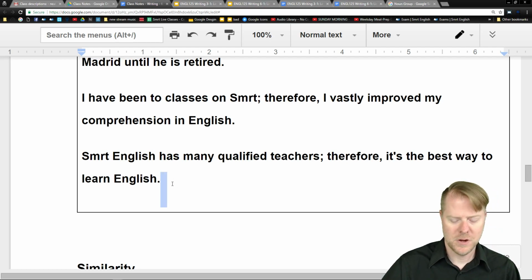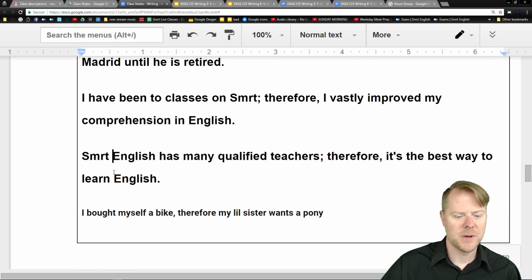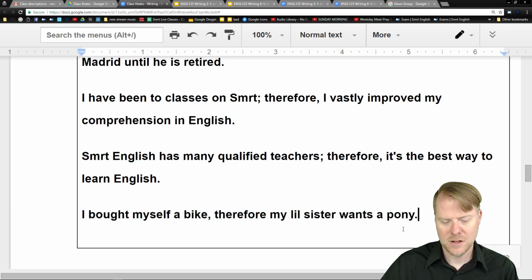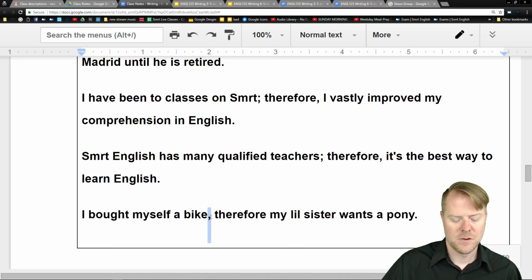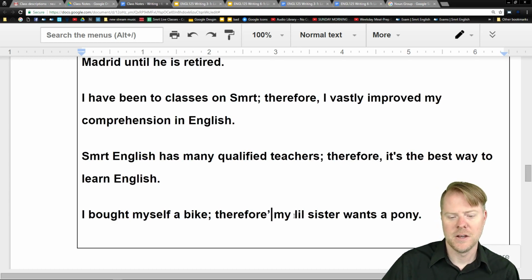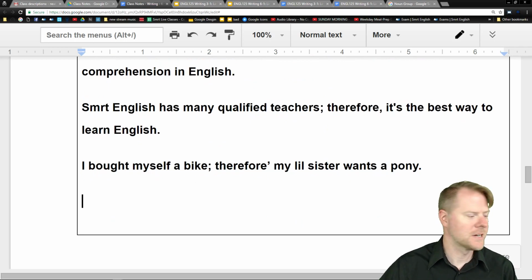Sway, you wrote, I bought myself a bike; therefore, my little sister wants a pony. Remember, the punctuation is semicolon, then your linking device, then comma. And I'll let you keep your slang term for little, lil.